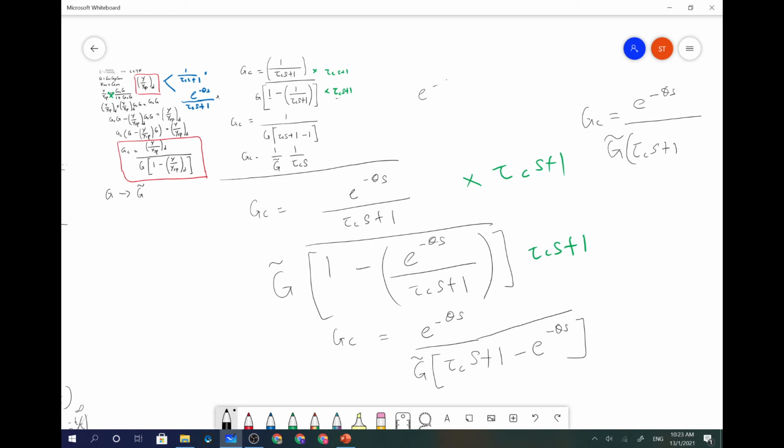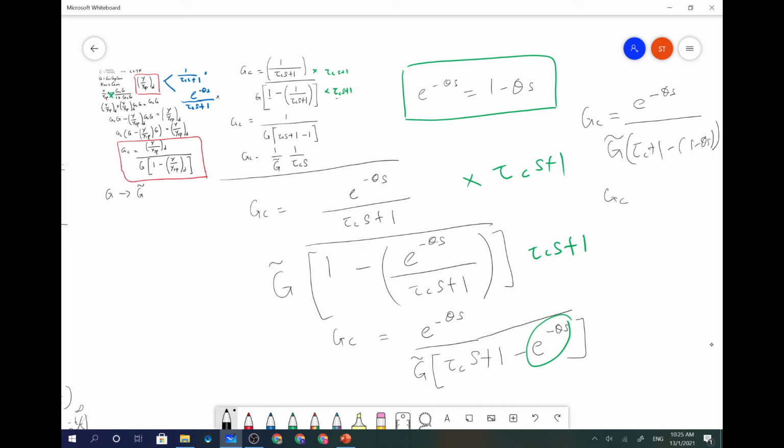Remember that exponent negative theta S is equal to 1 minus theta S. So you just put it as exponent negative theta S over G model, in a bracket plus 1 minus, in a bracket, 1 minus theta S, because this term is equal to this.